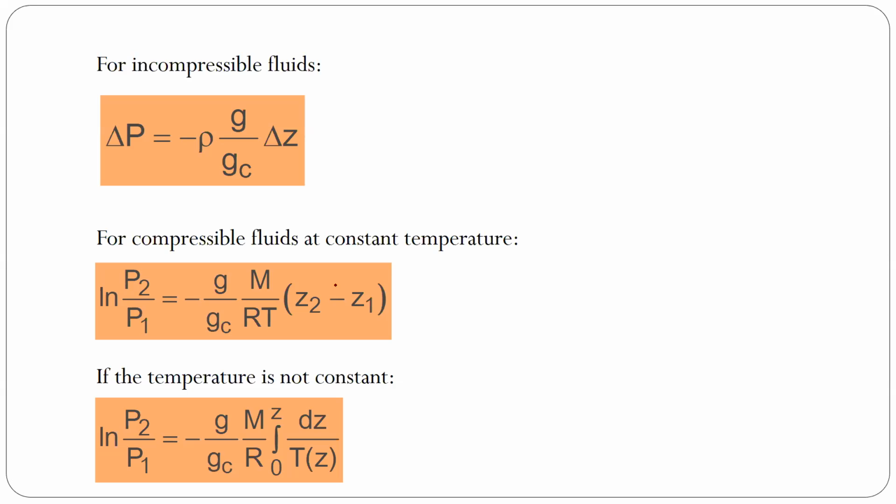If the temperature is not constant, okay, you will have to put in the temperature in the integrand, and doing so, you can derive this equation here, all right, where you need a temperature function, which is a function of your elevation.